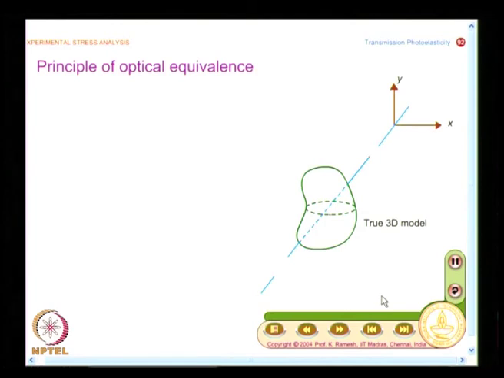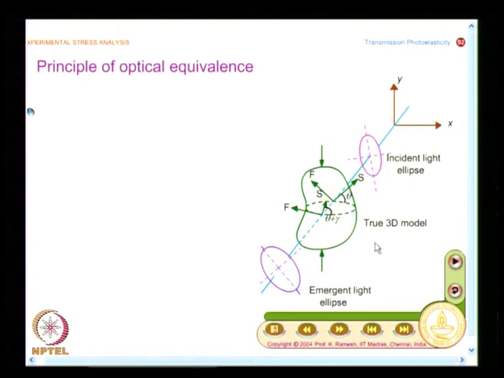Here also you need to make a neat sketch, and let us hypothesize what we call optically equivalent. We also need to bring in new terminologies.